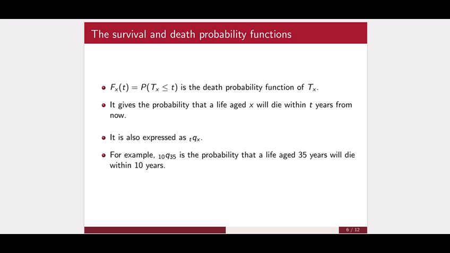Now, tqx is a death probability function. As performed earlier, we substitute. Where there's the t, we replace it with a number, say a duration of 10 years, and x as 35 years. This is the probability that a life aged 35 will die within 10 years.